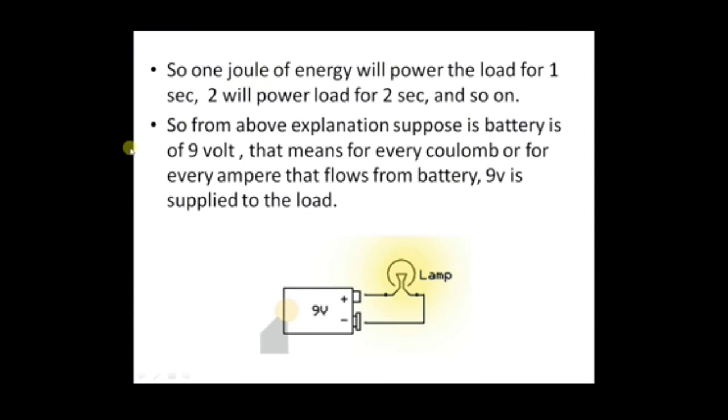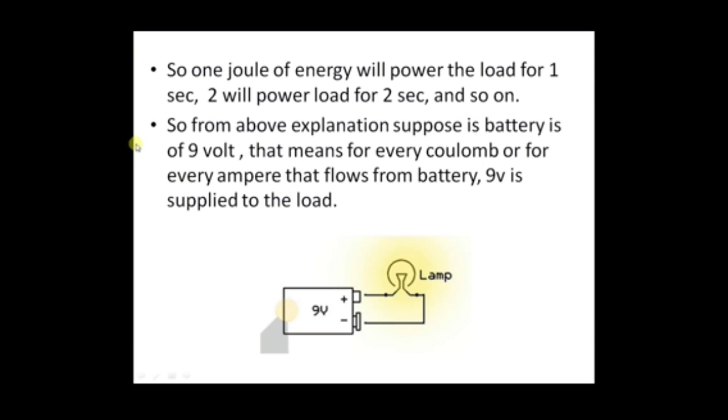We can say in terms of powering the load, 1 joule of energy will power a load for 1 second. That is what watts convey, that is what power conveys, it's joule per second. So 1 joule of energy can power a load for 1 second. 2 joules of energy will power a load for 2 seconds, and so on.